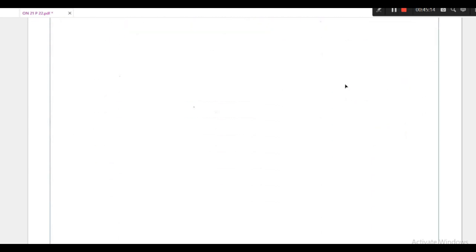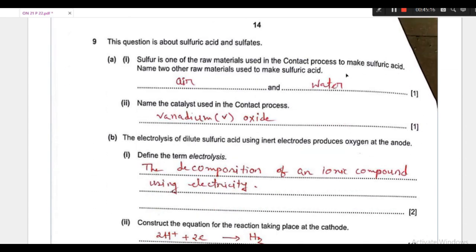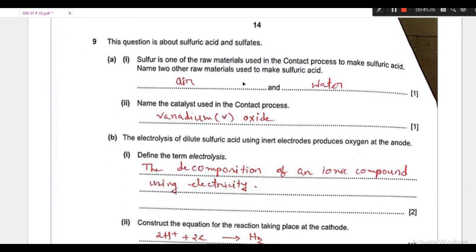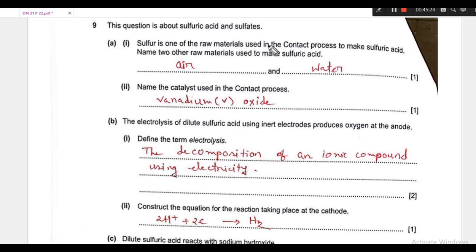Okay, now next, question 9, about sulfuric acid and sulfates. Sulfur is one of the raw materials used in the contact process to make sulfuric acid.